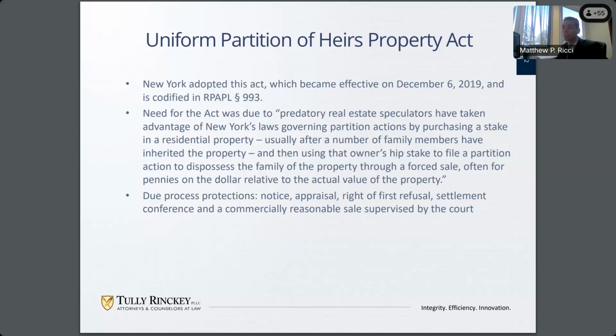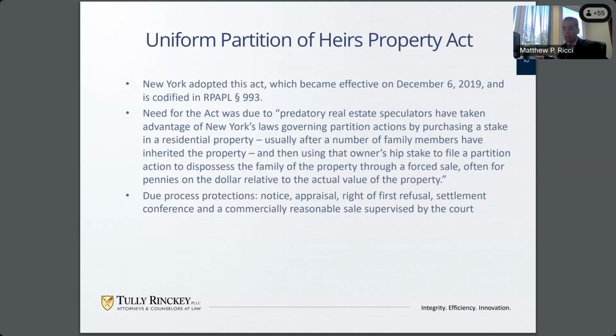And oftentimes, these predatory real estate speculators would try to sell the property at a lower price than the actual value itself.